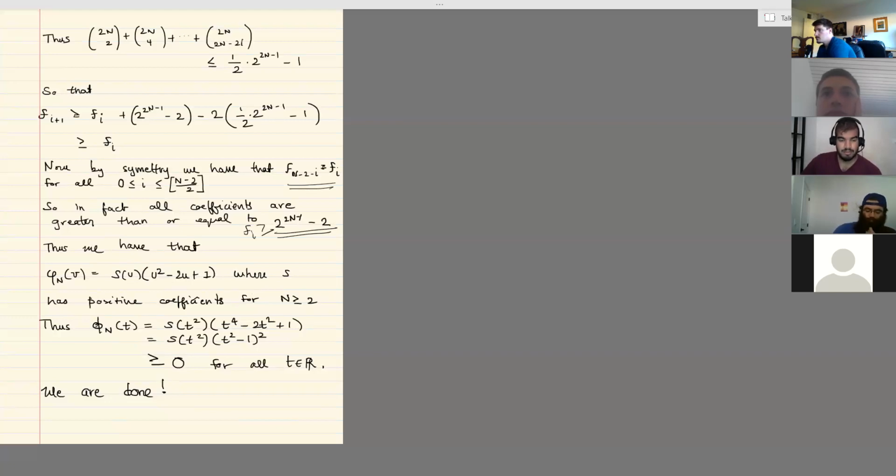And so now phi sub n of t is equal to s of t squared times this quartic. But guess what? S of t squared is a polynomial with only even degree terms whose coefficients are all positive. So therefore, this is always greater than or equal to 0. And we're done. All right. So that's the proof of this LP inequality.